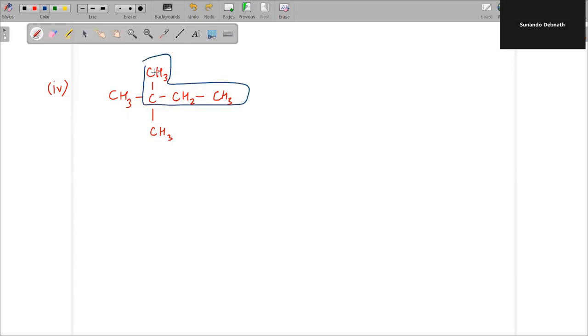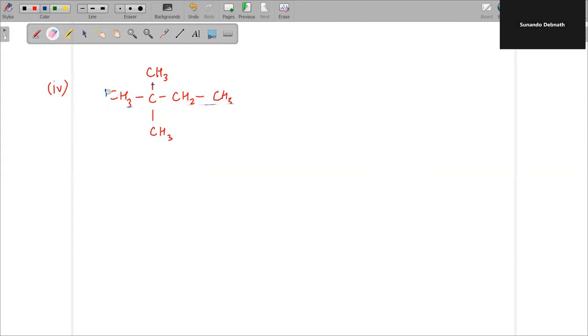So everywhere, if you are getting 4 carbon atoms, it's best you take the straight carbon chain, because there's no longer chain. Are you understanding what I'm saying? If you have the same number of carbons in the main chain, no matter how you take the chain, you should always prefer the straight chain.